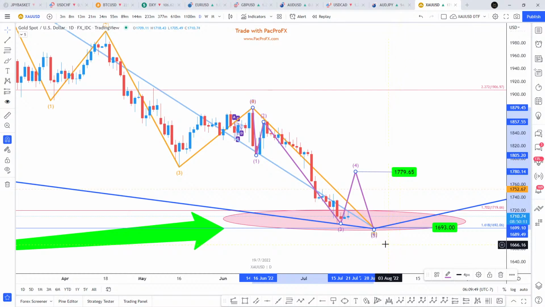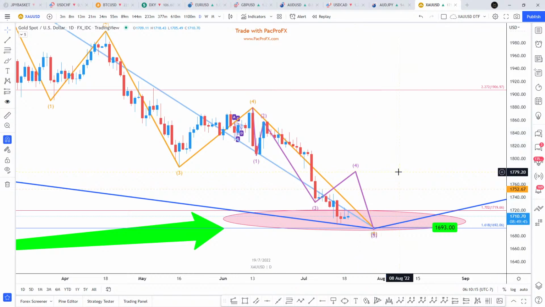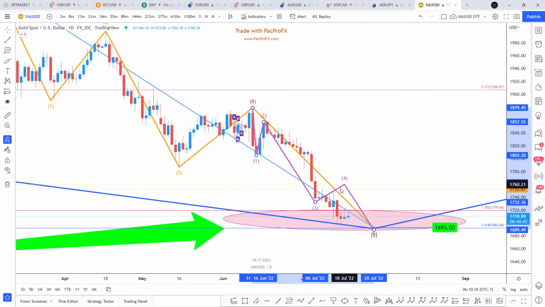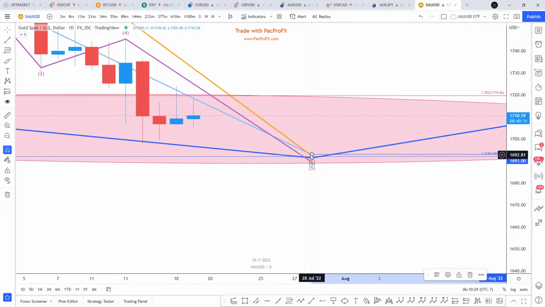And we may actually even go further down because this is just a wave 3 here. We didn't pull up this high, which is fine. We may actually push a little bit further down, but we have already pretty much met our 1693 area, just shy of it a little bit.